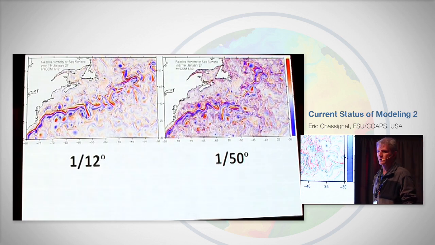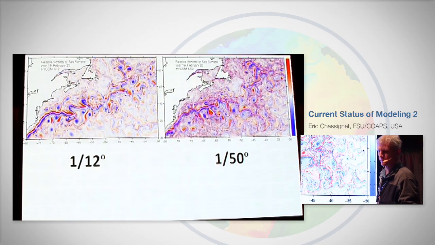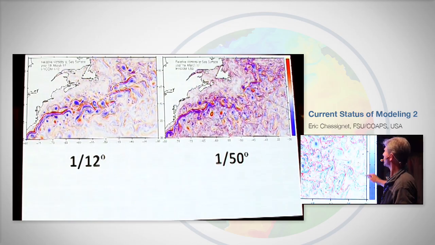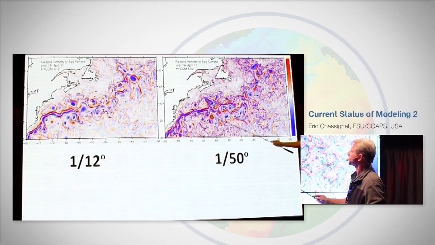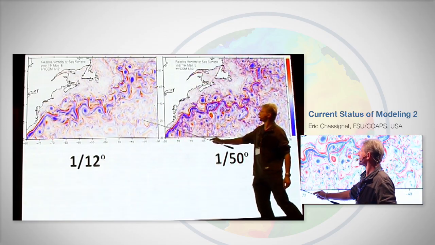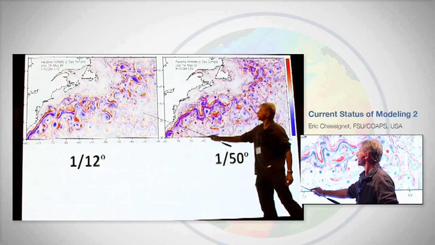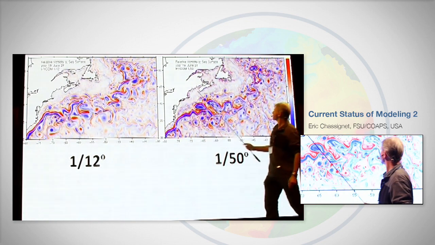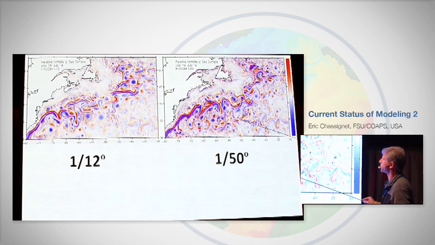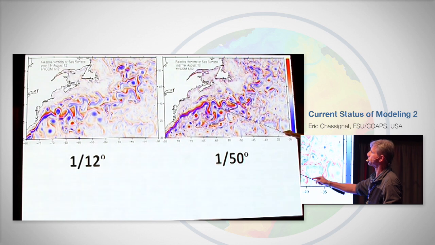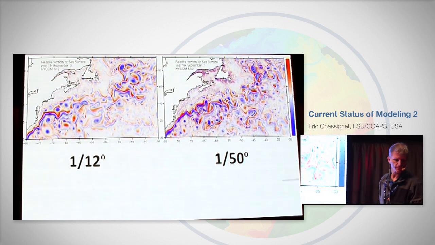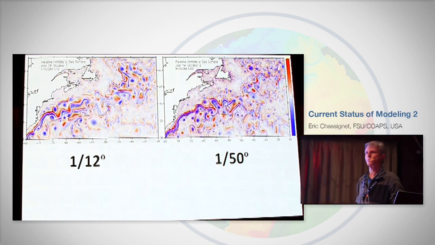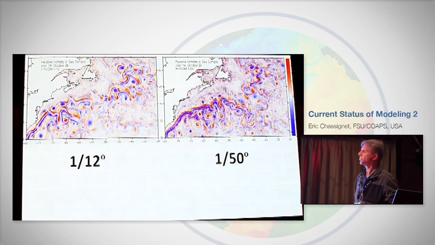So here is, again, the vorticity movie for the 1/50th compared to the 1/12. The main reason for presenting this is to give you an idea of the increase in eddy activity that you see when you go from 1/12 to 1/25th. Okay, so much richer, with many scales that are much smaller.